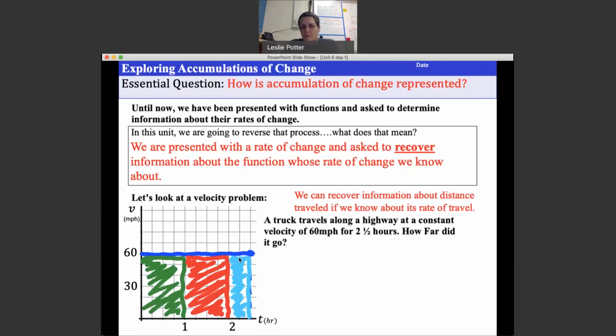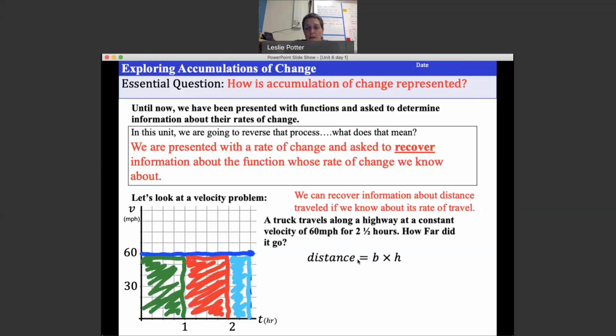So in this case, we can simplify this. I didn't have to divide it up as meticulously as I did, but we can look at this then as the distance traveled is really boiling down to a geometric shape. And the geometric shape is under the velocity or under the rate of change graph.